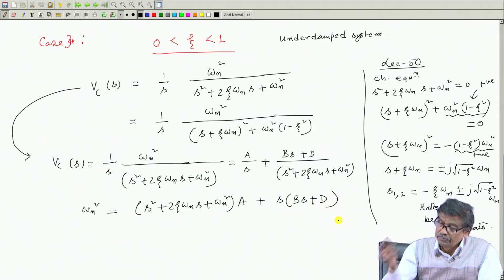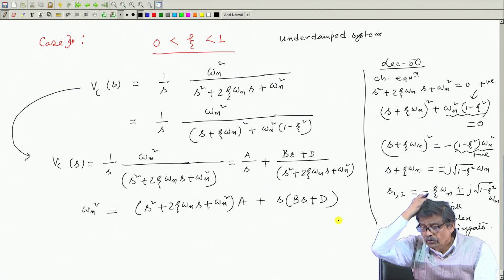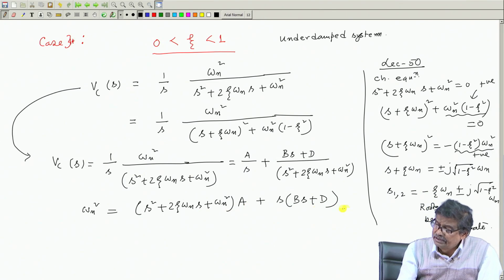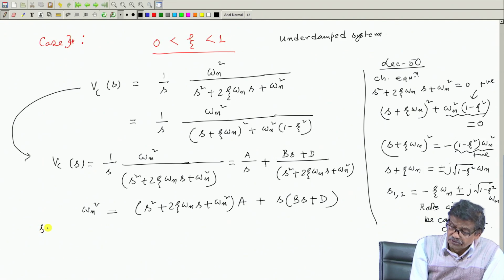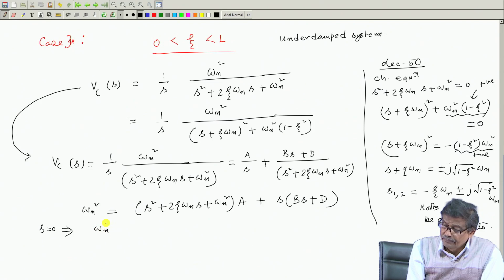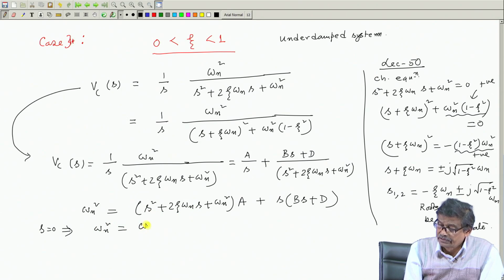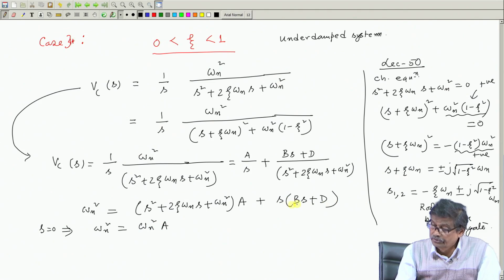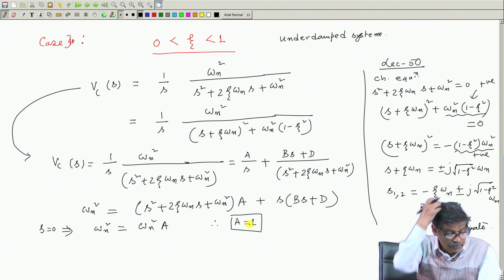The value of A can be easily calculated by putting s equal to 0. That gives omega_n square equal to omega_n square into A, as the other term will be 0. Therefore, A is equal to 1.